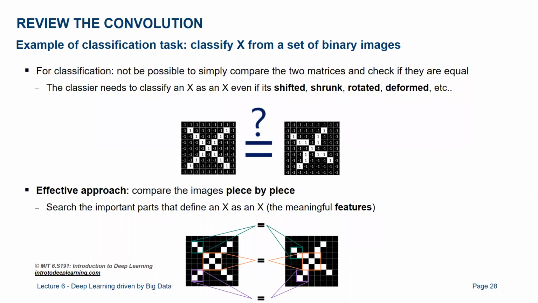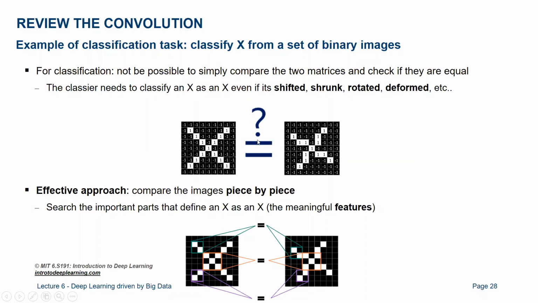So let's review the convolution, which is basically the concept here that uses exactly a small window on a particular region. Let's do it by just looking at an example. Let's say we want to classify an X from a set of binary images. For the classification, it would not be possible to simply compare the two images and check if they're equal, right?